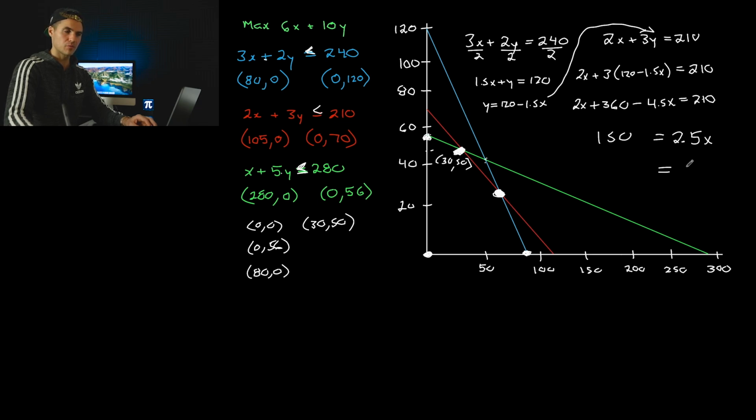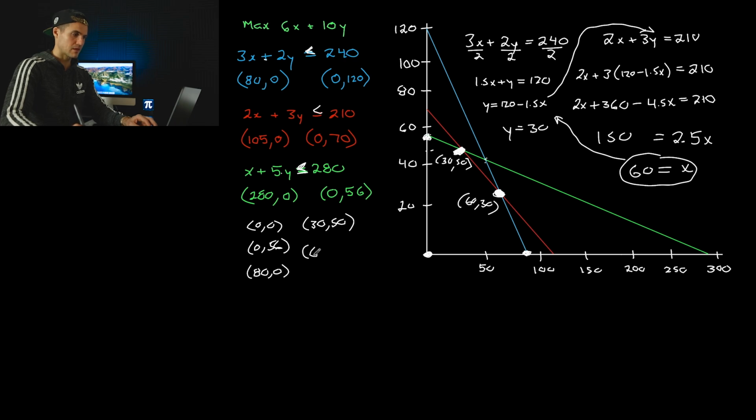And then if we divide both sides by 2.5, 150 divided by 2.5 is what? 60, right? Okay, so x is 60, plug it in here to get the y value. 120 minus 1.5 times 60, 120 minus 90, which would give us 30. So the y value would be 30. So this point here would be 60 and 30, like that. And so that's going to be one of the other vertices that we have to test.